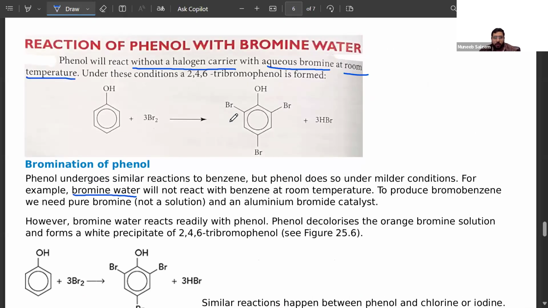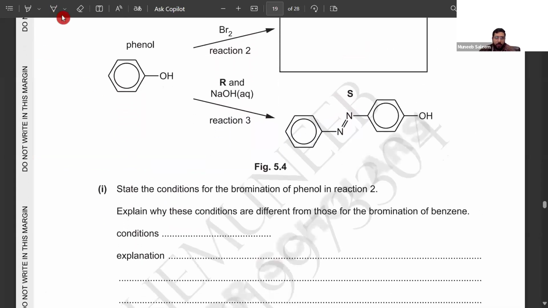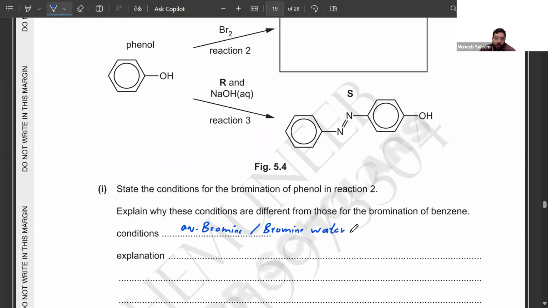We will now write over here that the condition required is aqueous bromine, or you can write bromine water, and no halogen carrier required, the halogen carrier being AlBr3.